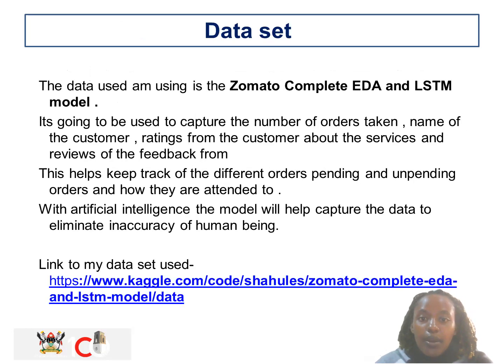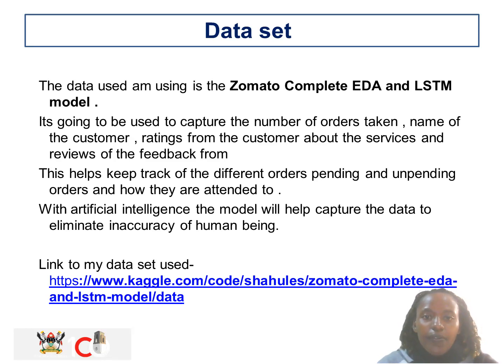And so I'm using the dataset from Tomato Concrete Data and an LSTM model. As the link is here, you can follow it up. This dataset is able to rate the different orders that I can be taking in a day. It gives the rating and everything, so it's a good dataset to go for.